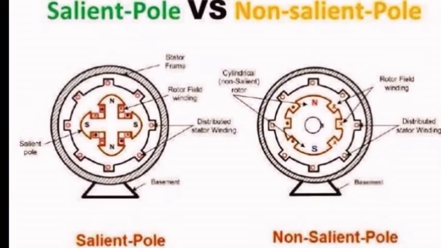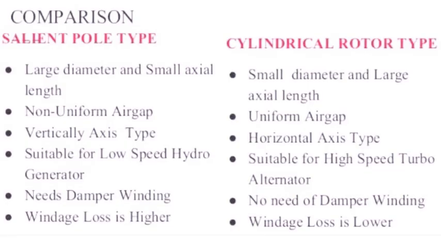First, the outer part is the stator frame, and another is the salient pole. In both we use distributed winding on the stator, but in the salient pole we use concentrated winding to produce poles. Now we will discuss the comparison between the salient pole and cylindrical rotor type synchronous machine in a systematic way.